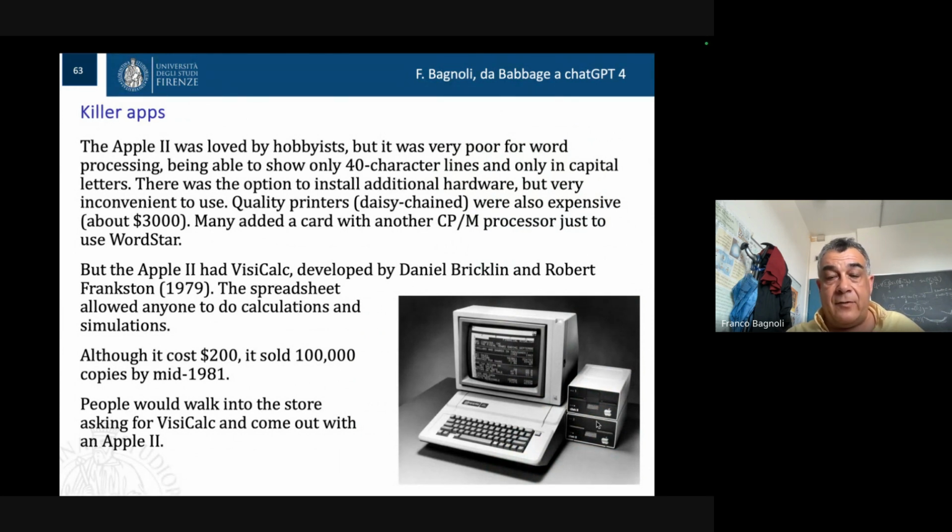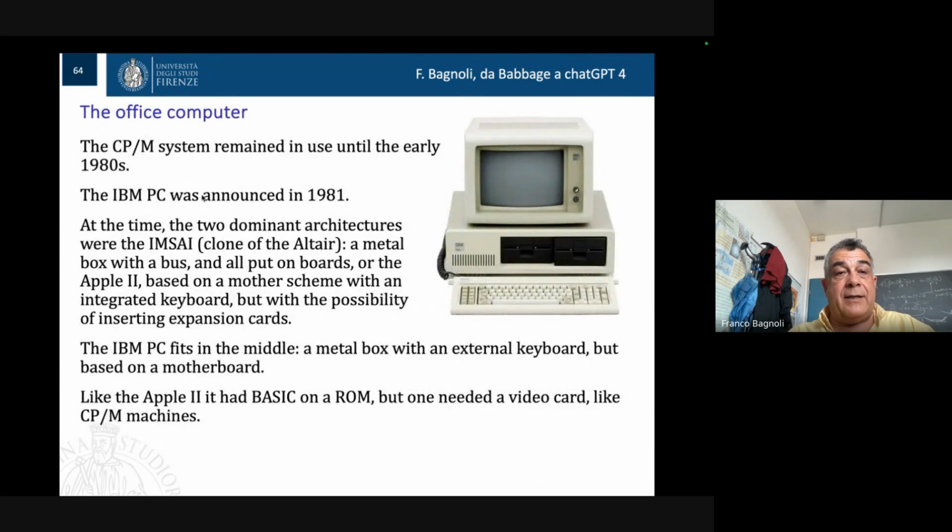Killer application, we have already seen VisiCalc for the Apple II, and this was the beginning, because essentially when the application started to be ported or copied to other hardware, this also coincided with the decline of the earlier seller.